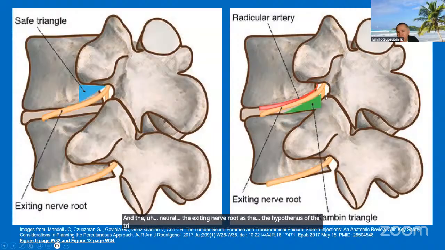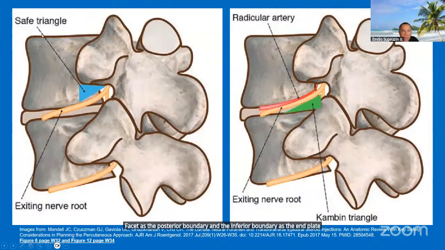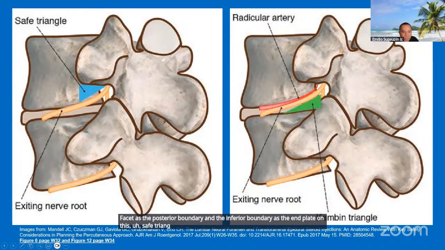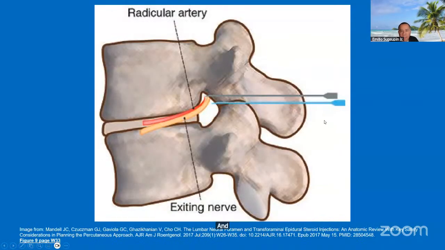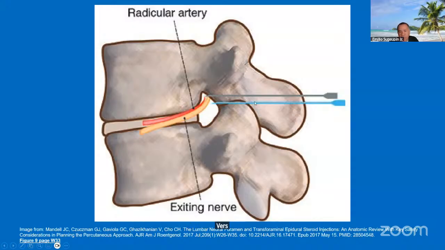You have the facet as the posterior boundary and the end plate as the inferior boundary on this safe triangle, versus the Kambin triangle approach. And this is needle placement, subpedicular, or the safe triangle approach traditionally, versus posterolateral.